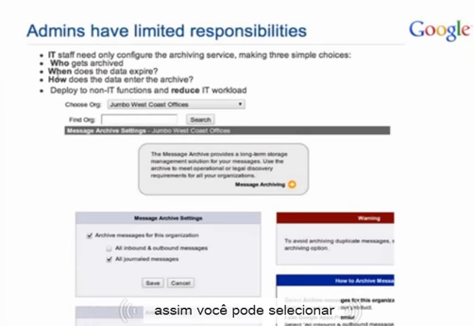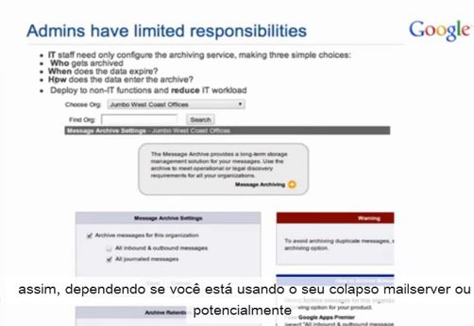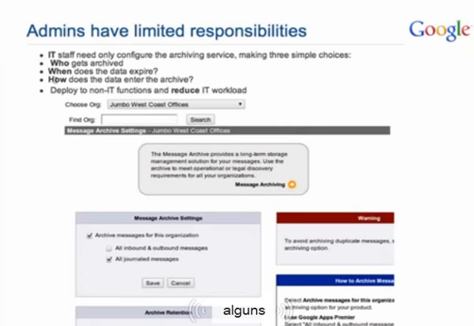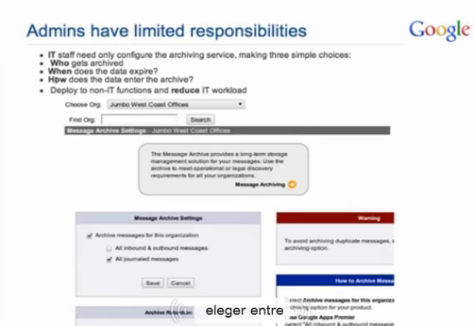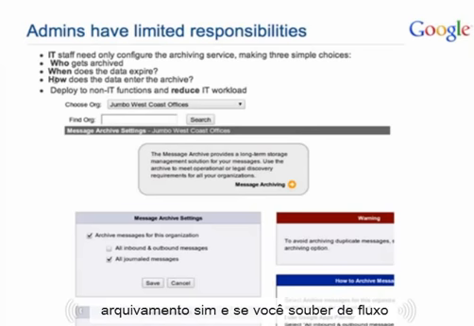So you can select a retention period that best reflects your business practices. And finally, how should the data enter the archive? So depending on whether you're using Google Apps as your mail server or potentially some local enterprise class mail service, you can elect between archiving the SMTP mail flow or internally journaled messages.